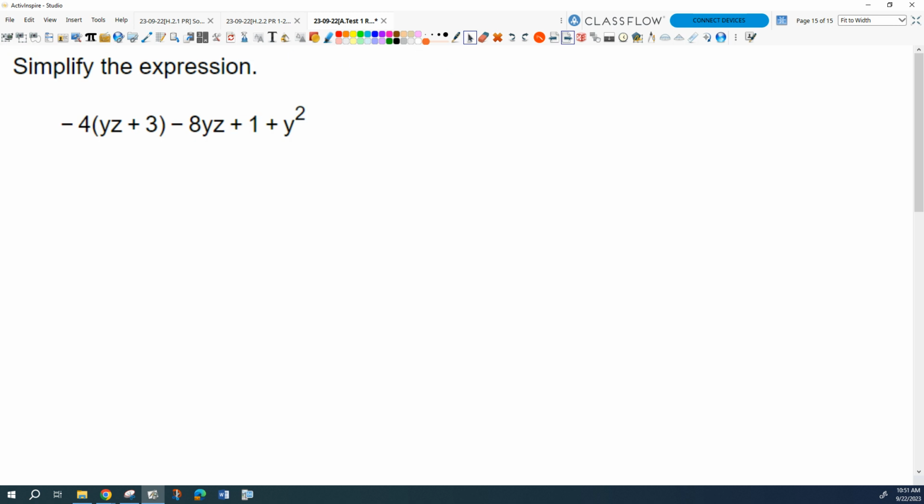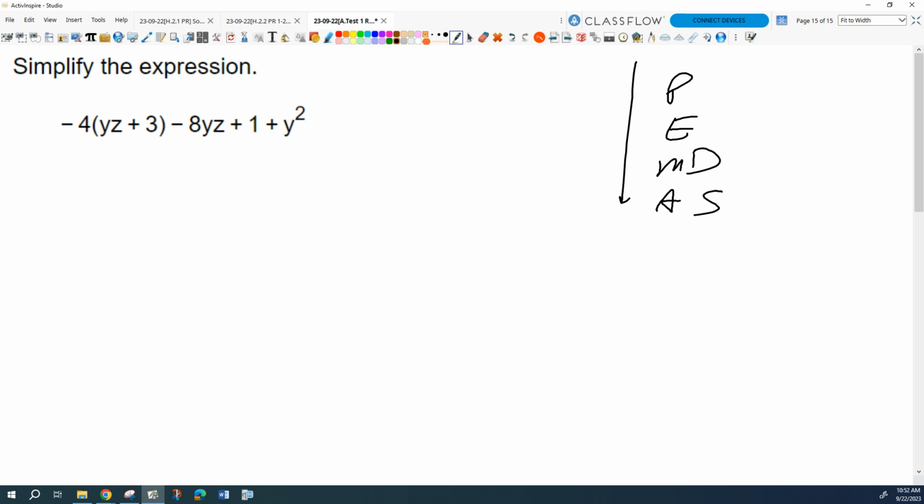Okay, so last one. Simplify the expression. What do we have to do to simplify this expression? I've got to combine like terms, but I'm going to follow PEMDAS. Okay, what about parentheses? We see parentheses, right?